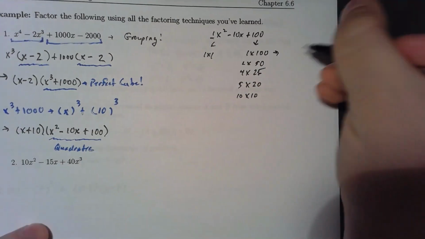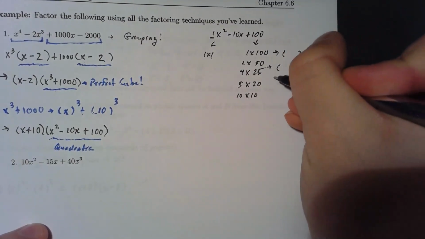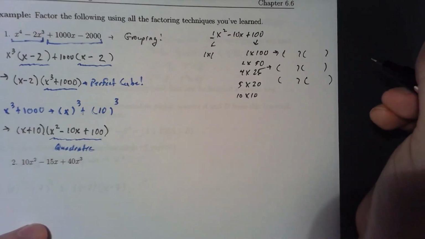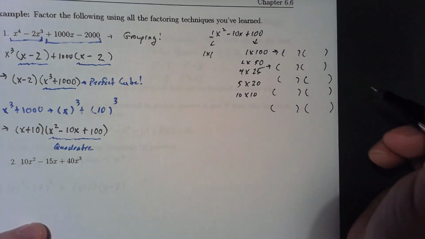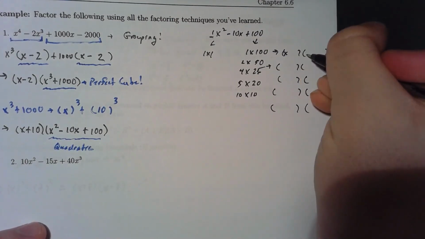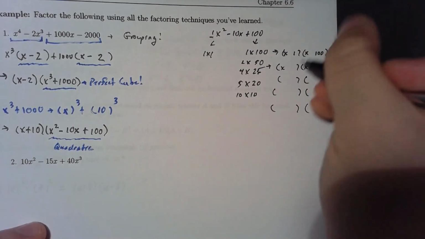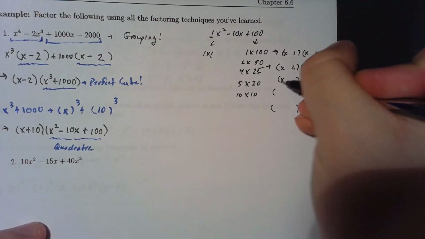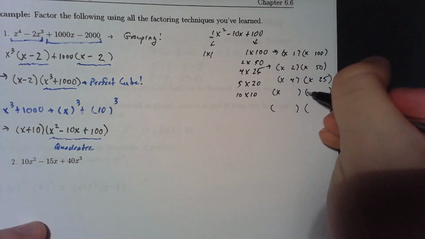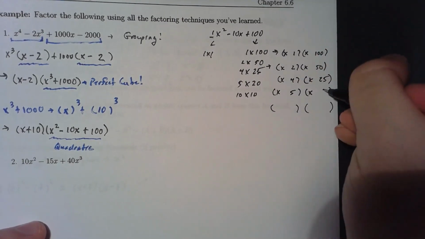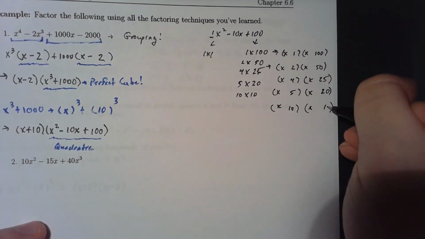So this one is a case, this one is a case, I have 5 cases, right? So this is x 1, 100, x 2, 50, x 4, 25, x 5, 20, x 10, 10.